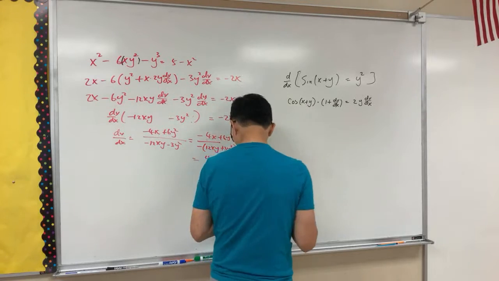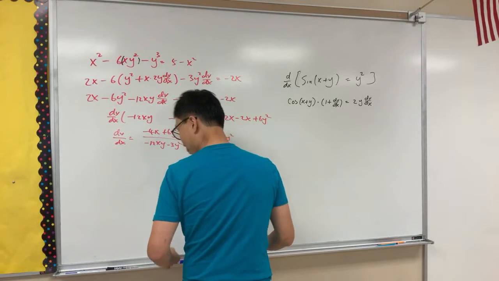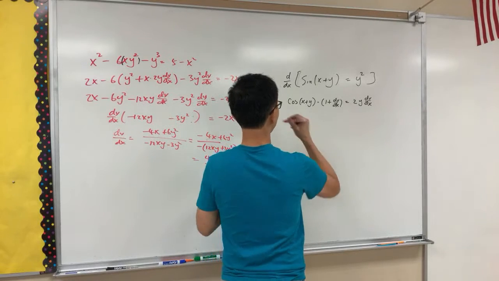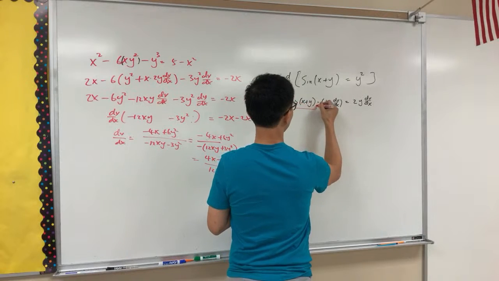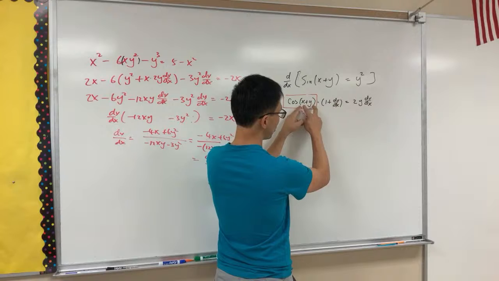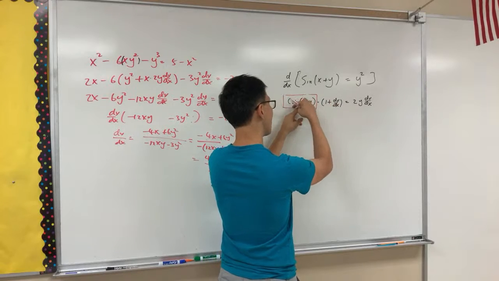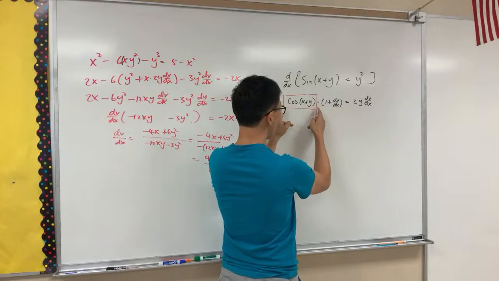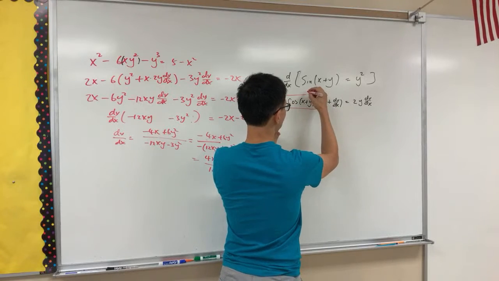Do not distribute this because it is within the cosine. This times this is not allowed. But this whole thing can distribute to both.